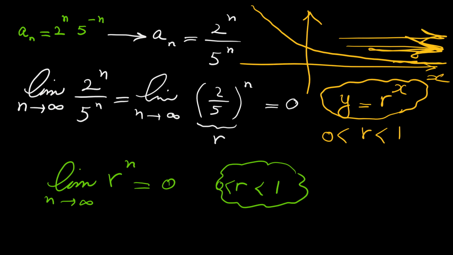It gets closer and closer to the x-axis. So by looking at the graph of r to the x, where r can be 1/2, 2/3, any number like that, the graph goes to 0. As you can see, the distance between the graph and the x-axis gets smaller and smaller as we go to the right. So this limit is 0.